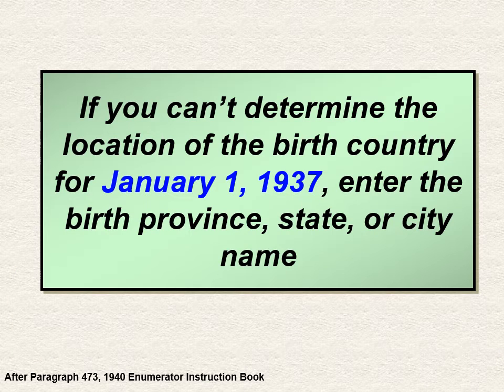And it says here, and this is a new thing, if you can't determine the location of the birth country for January 1st, 1937, enter the birth province, state, or city name. So you might get some additional information there if you don't know where your immigrant ancestors came from.